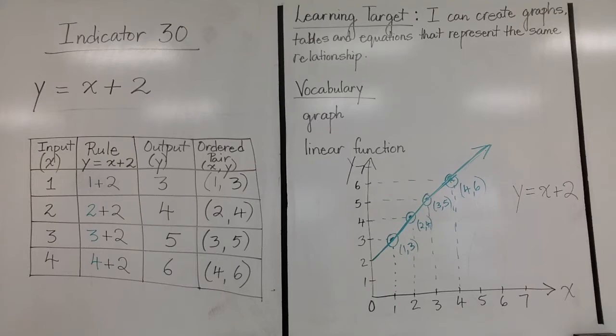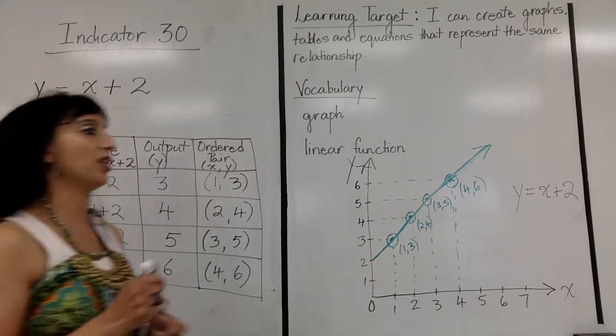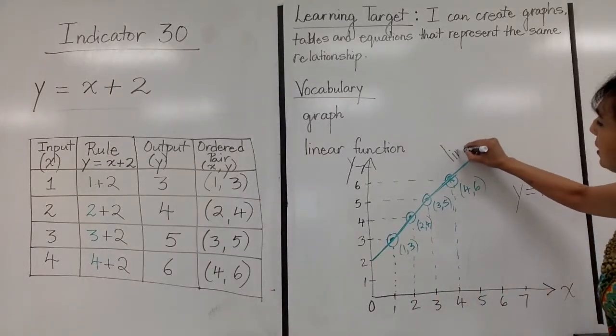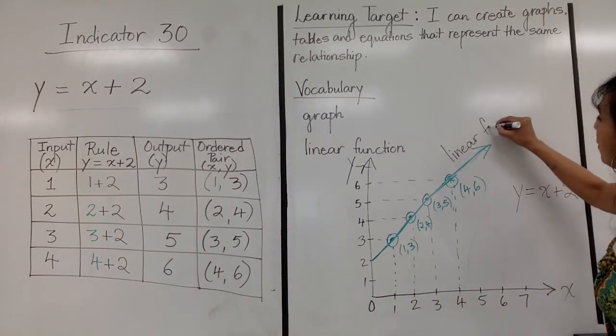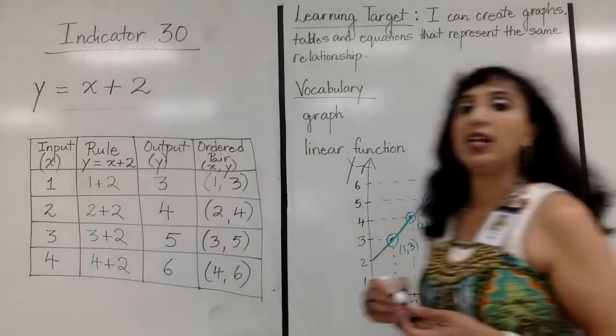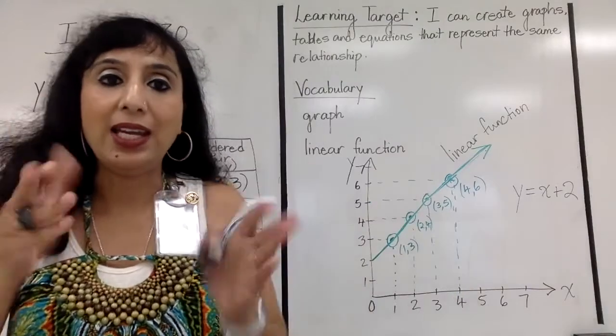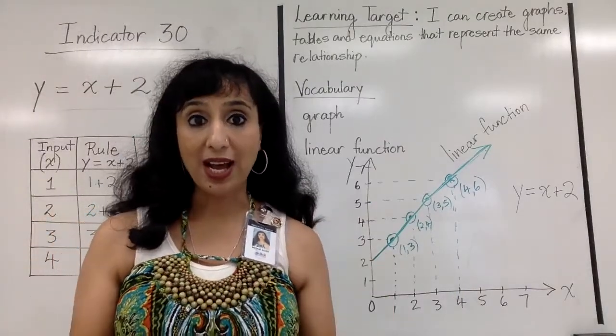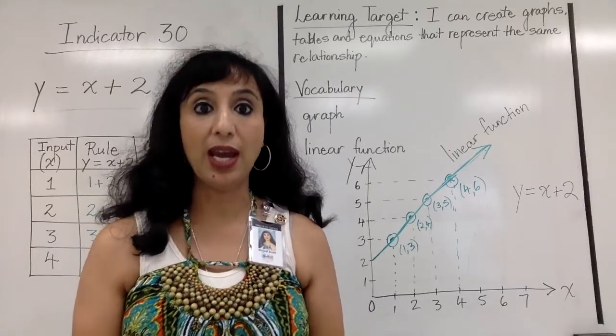So a function whose graph is a straight line is a linear function. Since this is a straight line, this is a linear function. Okay? And just think of it: linear has line in it. So therefore, any graph that has a straight line is a linear function, okay?